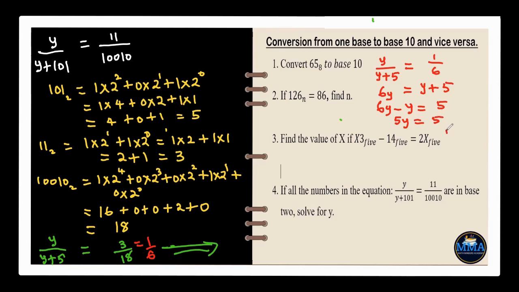Of course, if you now divide by 5, what do we get? y equals 1. So we've been able to find the value of y, and this is the correct value.